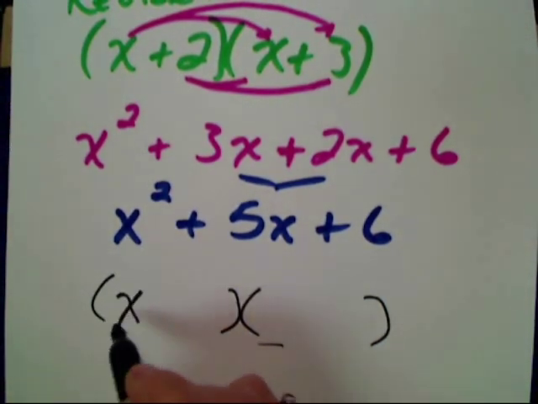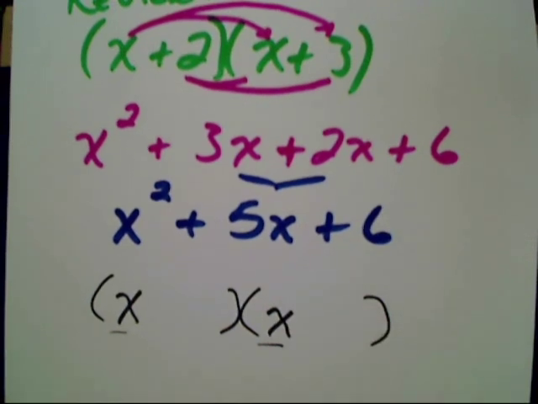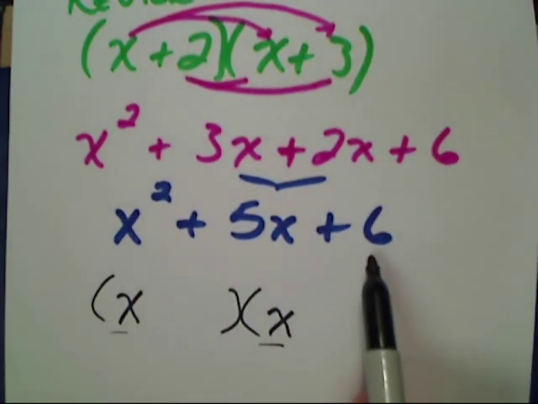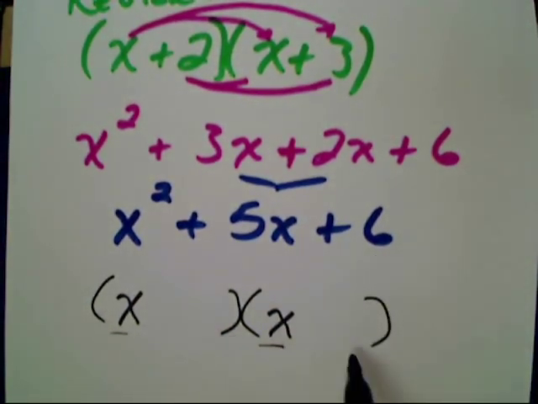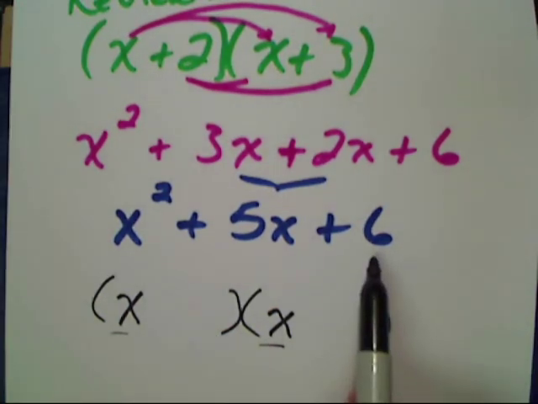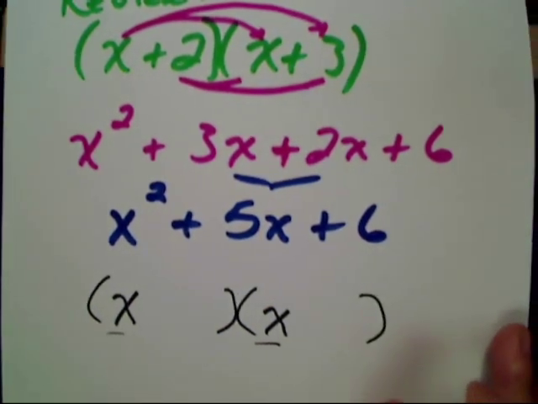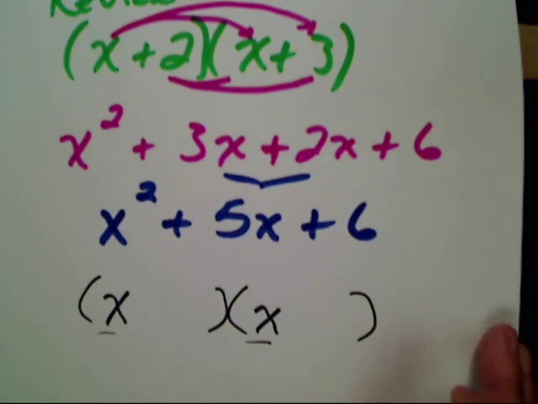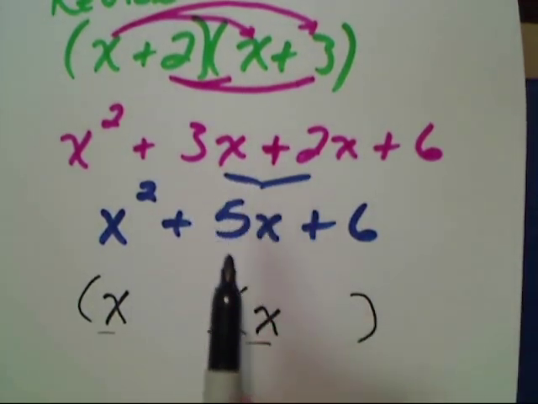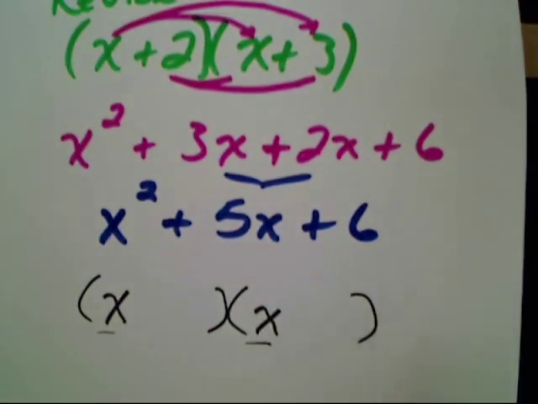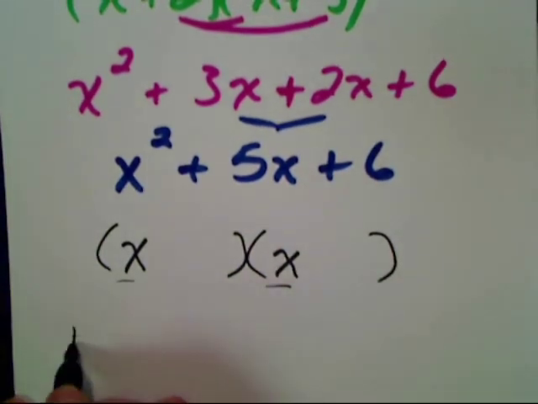So we'll always go back to x times x. The last two numbers in your binomials multiply to your 6. So we need two numbers that multiply to 6. But at the same time, when we combine them, remember, they had to add to 5. So we're looking for two numbers that multiply to 6 and add to 5.